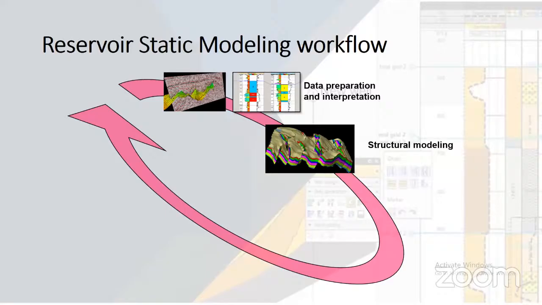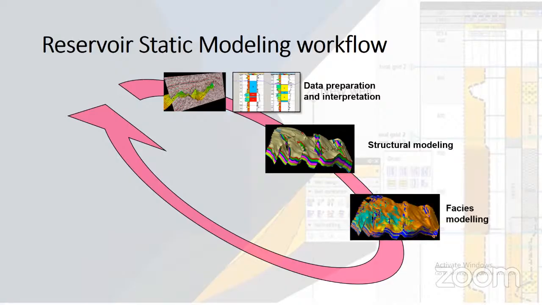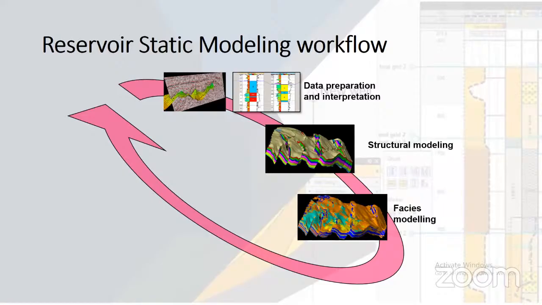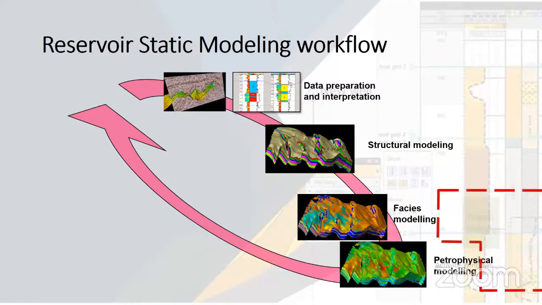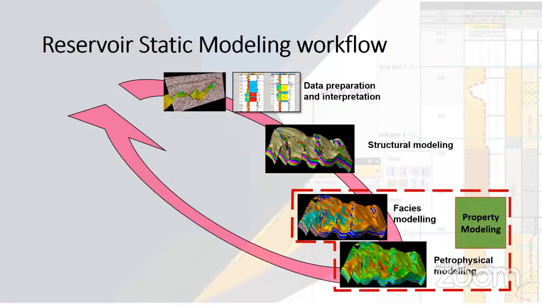Then, using the seismic data and the well correlations, you can go to structural modeling. Then you can do the facies modeling and the petrophysical modeling, depending on the core data and the log interpretation. We can group the two modeling steps into just one step that is called property modeling.